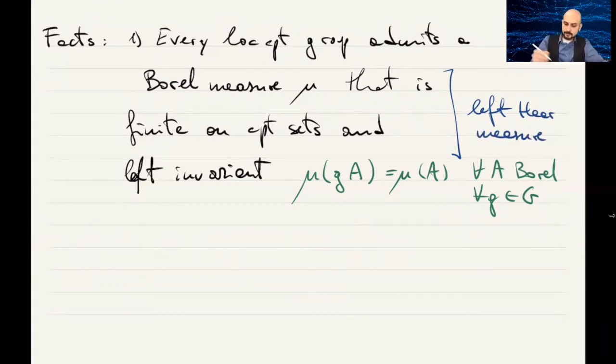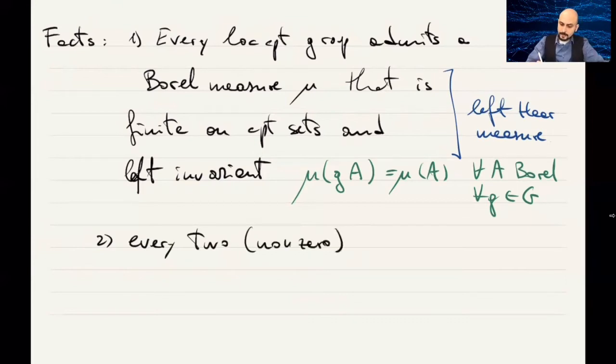The second fact is that Haar measures are unique up to multiplication by a constant. So, namely, every two, let me say non-zero, Haar measures. Maybe one should do it in the definition: otherwise, it's clear that the zero measure is a Borel measure, finite on compact sets, and left invariant. So let's include that in the definition of Haar measure.